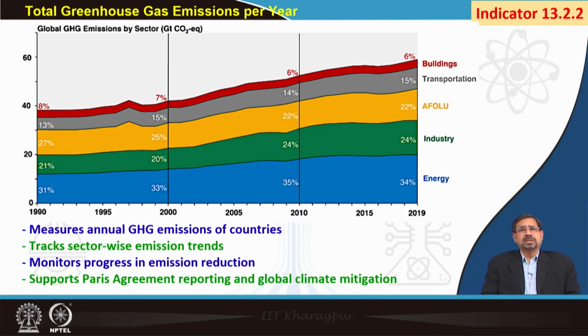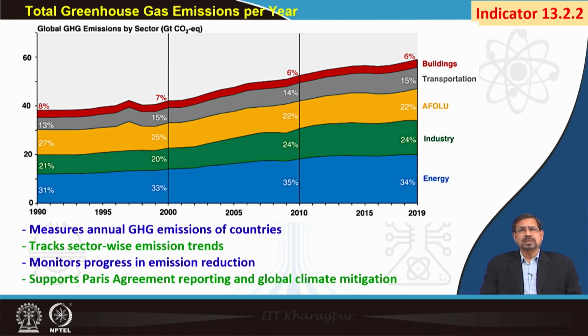The next point is that it measures annual greenhouse gas emissions of countries, tracks sector wise emission trends, monitors progress in emission reduction, and supports Paris Agreement reporting and global climate mitigation. So, in this way, we see the various sectors which are contributing a lot. Over the last 3 decades, between 1990 and 2019, the energy sector's carbon dioxide equivalent emission has gone from 31% to 34%.